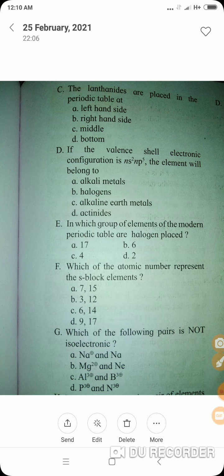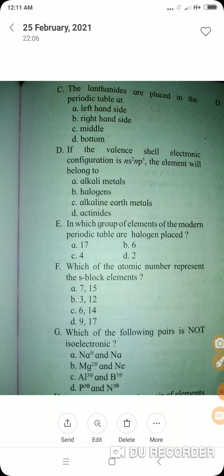Now next MCQ: the lanthanides are placed in the periodic table at, four options are given: left hand side, right hand side, middle, and the bottom. When we study the structure of the modern periodic table and the various blocks, we know that the lanthanides and actinides are placed in a particular group and period.